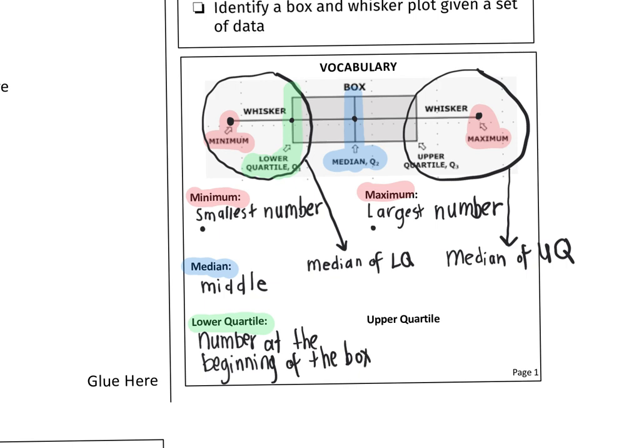And the upper quartile, as you could probably guess, is the number at the end of the box. Okay, make sure that you highlight both of those vocabulary terms there.